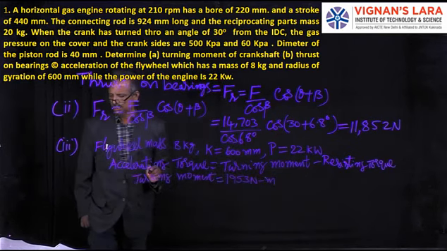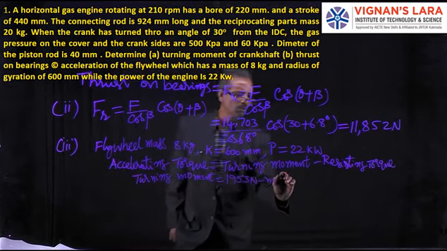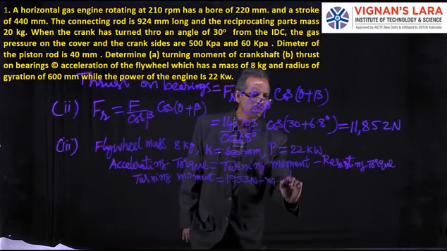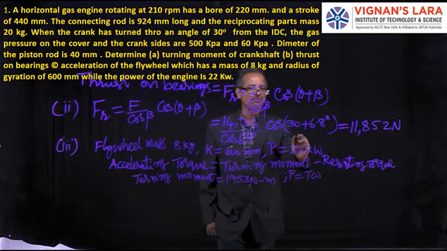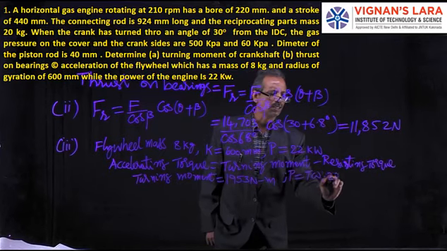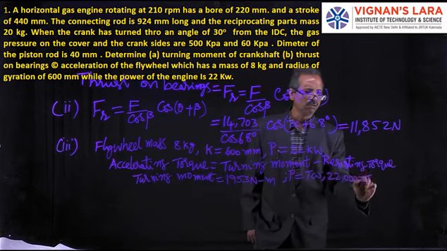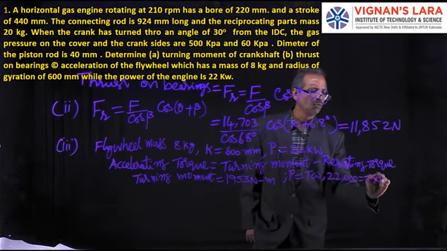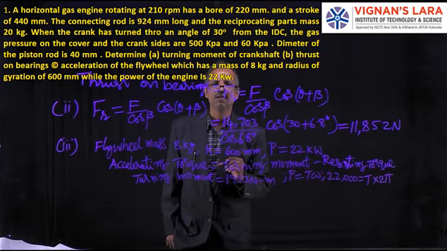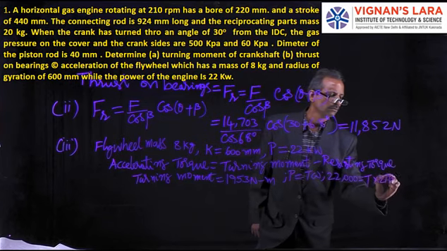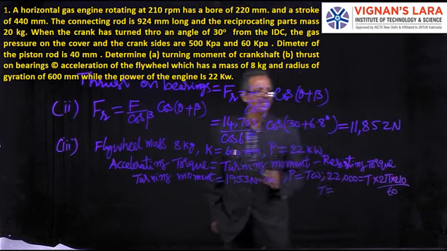Then what is the resisting torque? How to get the resisting torque? We know power is equal to T into omega. The power is 22 kilowatts, so 22,000 is equal to T into 2 pi N by 60. What is the value of N in this problem? The value of N is 210.